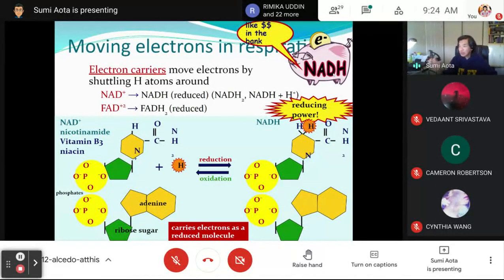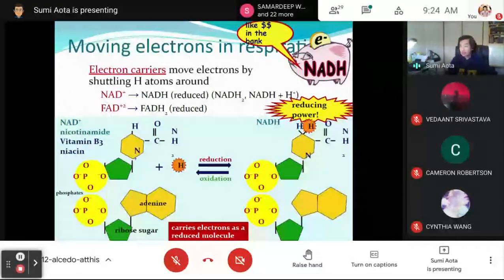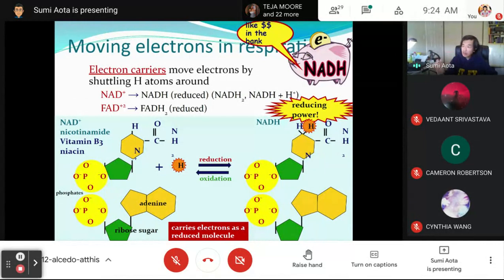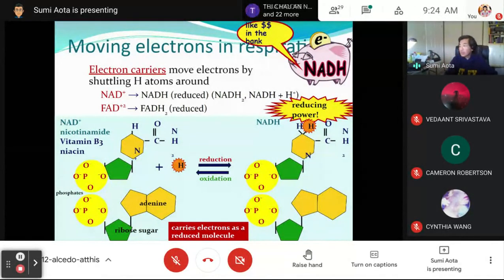It's like putting money in the bank. When we need to use the power of those electrons later, we'll have access to it. We'll break open this piggy bank and remove the electrons from here. But until we need it, we need someplace to store the electrons. Therefore, they're stored in this molecule as NADH.